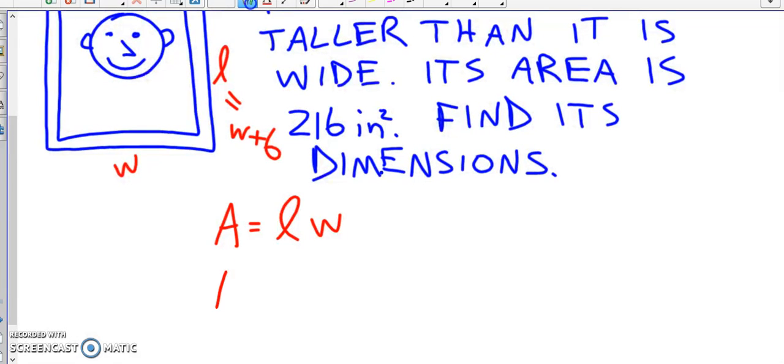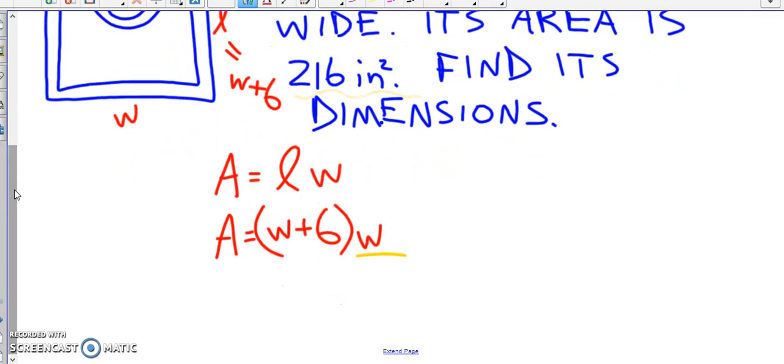So then this becomes area equals W plus 6 times W. And in fact, we can plug in this 216 for area as well. And we can distribute this W, which would give us 216 equals W squared plus 6W.